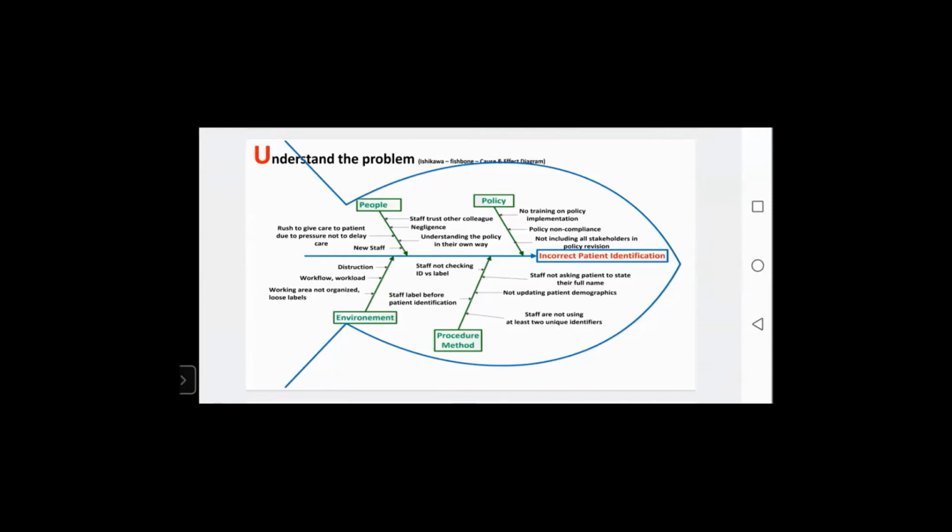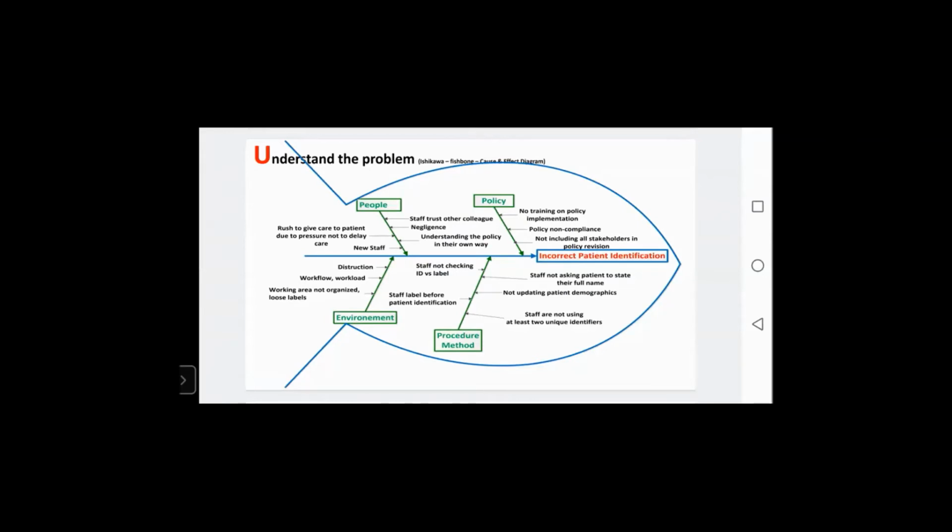Okay, Ms. Safa, let me ask you, from your understanding of this problem, from your point of view, what is the most important cause from the different causes? The most important is that staff will interpret the policy according to themselves. So the training is really important. They need to understand what we mean in the policy.